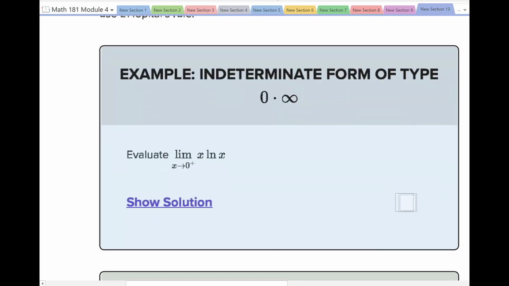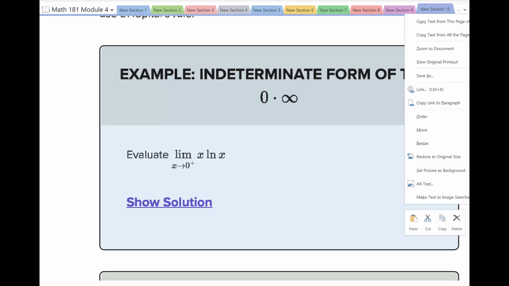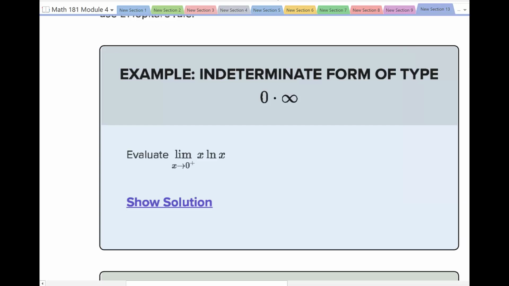Let's get to an example. Evaluate the limit as x goes to 0 from the right side of x natural log of x. We can treat this as the limit as x goes to 0 from the right side of natural log of x over 1 over x.